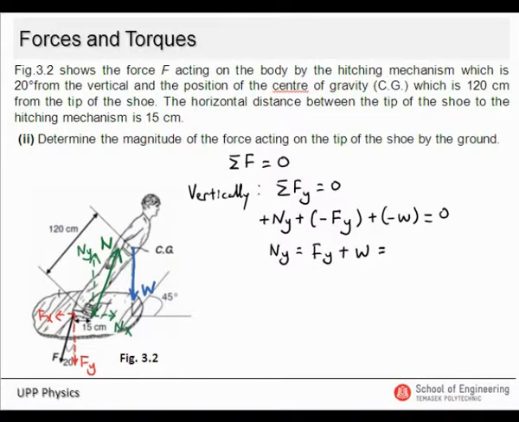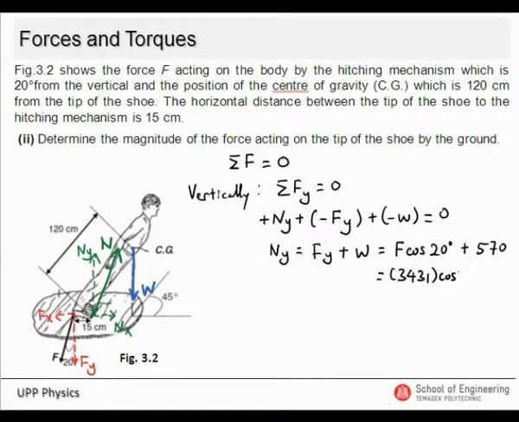And we know Fy is F cosine 20 plus the weight, which is 570 Newton. And from the previous part, we have already found that F is 3,431.